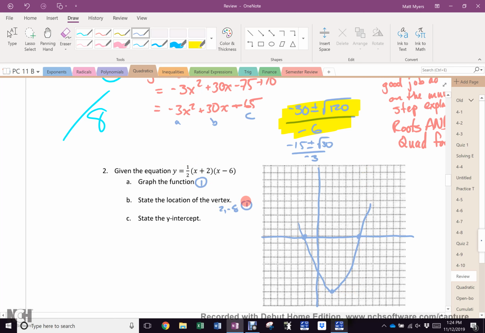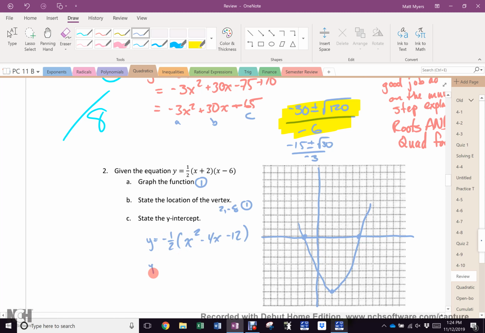Y-intercept. 1, 2, 3, 4, 5. Because, of course, it's not 5. That's a bad graph. Y equals -1/2 x squared minus 4x minus 12.